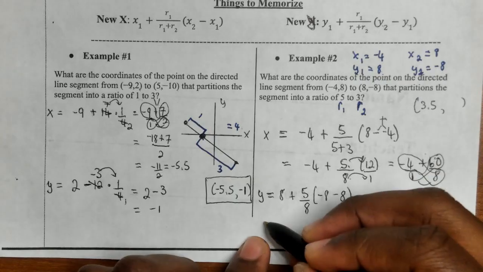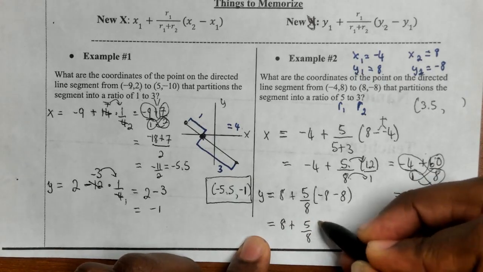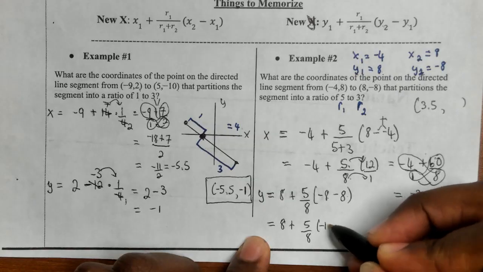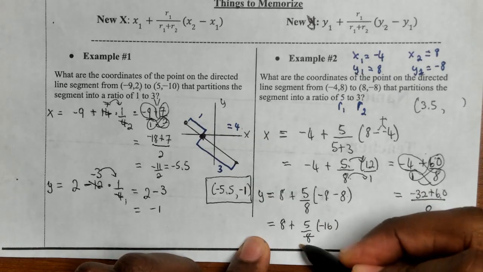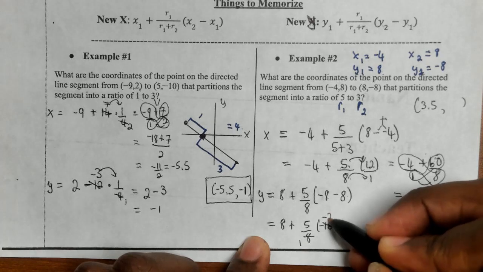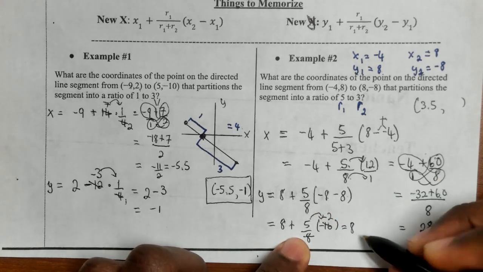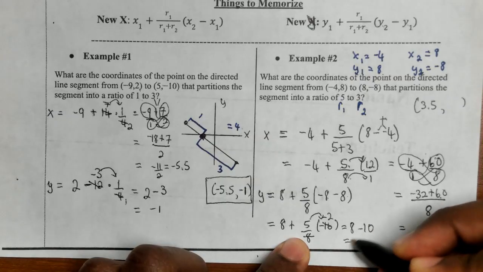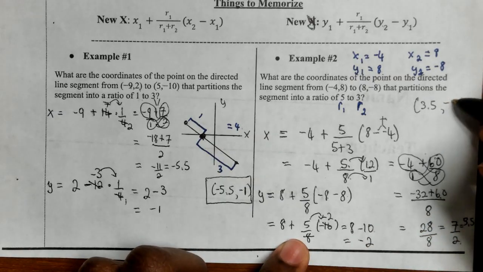So that will give me 8 plus 5 over 8 times -16. We can cross simplify because 16 and 8 are divisible by 8. So 1 times, -2 times. The 8 you bring down, plus 5 times -2 is -10. So 8 minus 10 is -2. So the y value will be -2.